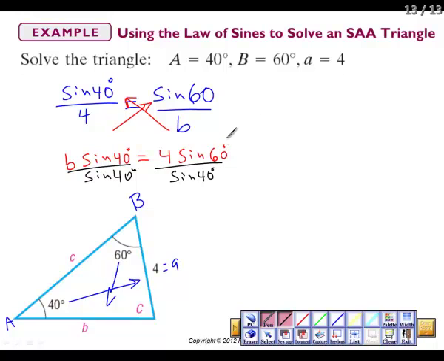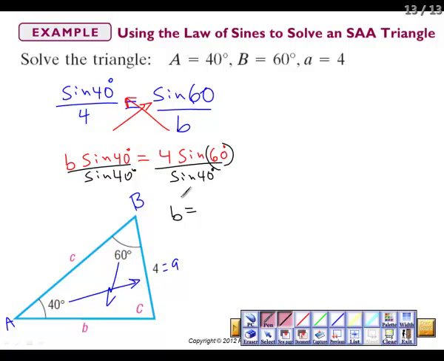When we do that, you have to be careful to close the parentheses on the sine 60 on top, because if you don't, the calculator will include the denominator with the sine 60, and you end up getting an incorrect answer. So side B is going to be 4 times sine of 60, divided by, closing the parentheses, sine of 40 degrees.